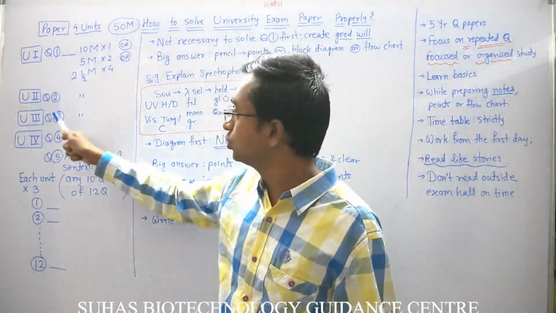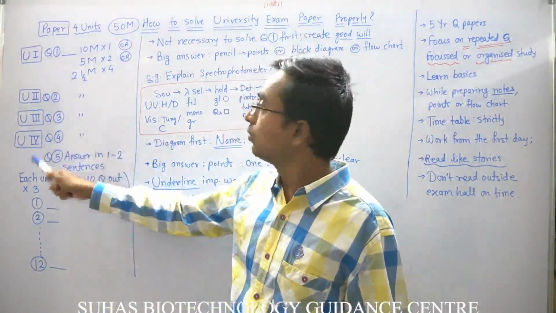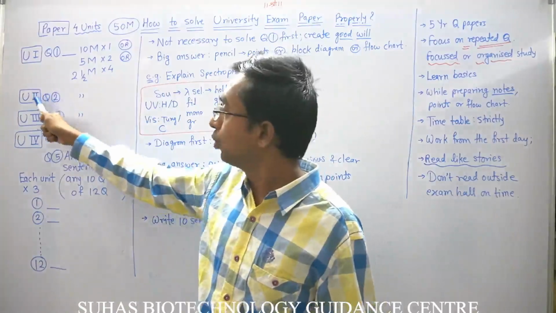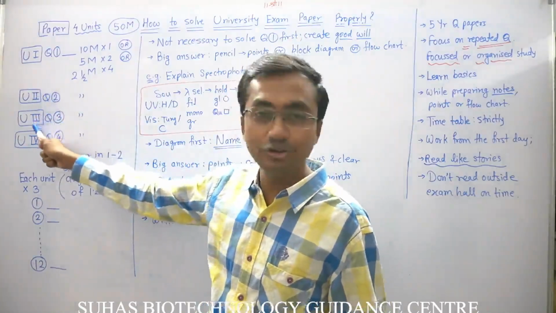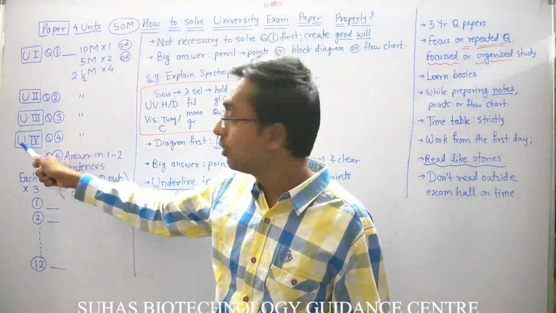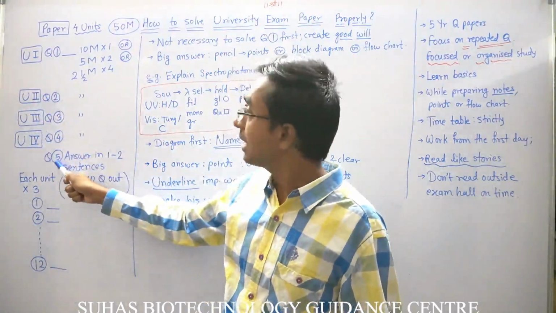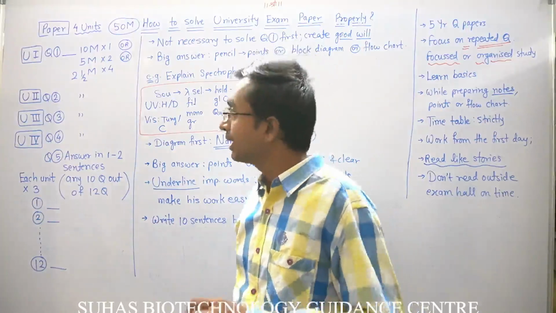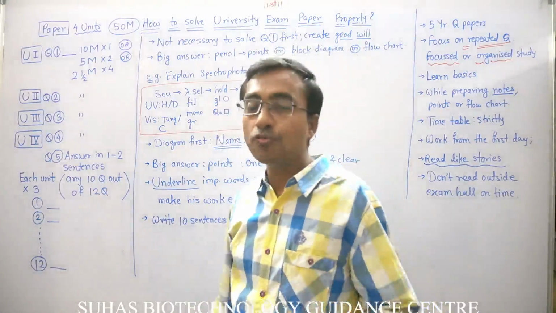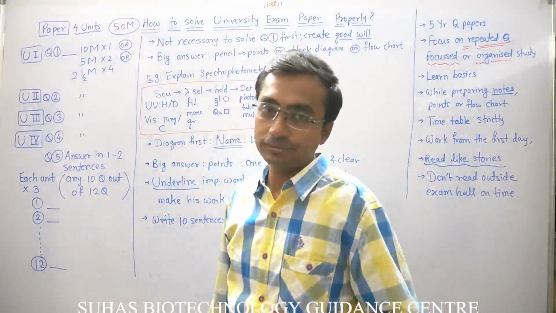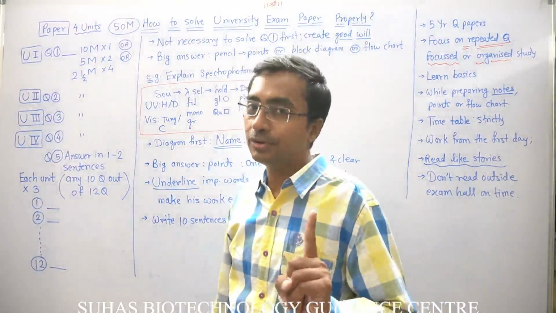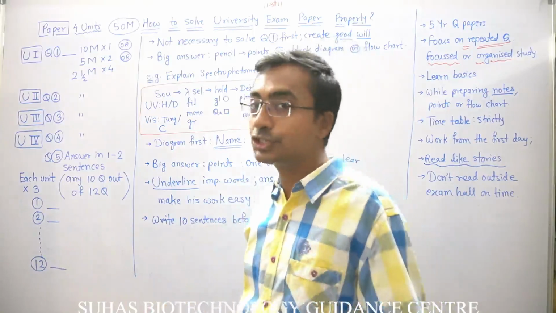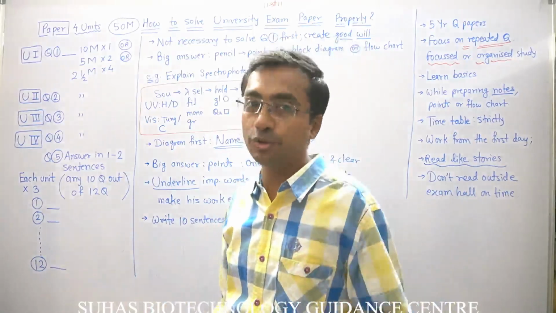Question number 1 is completely on unit 1, question number 2 on unit 2, question number 3 on unit 3 and question number 4 on unit 4, while question number 5 has mixed questions from all 4 units. This means the weightage of every unit is equal. If you lose one unit, you lose the weightage of that unit, and that's why it is essential to go through all units.